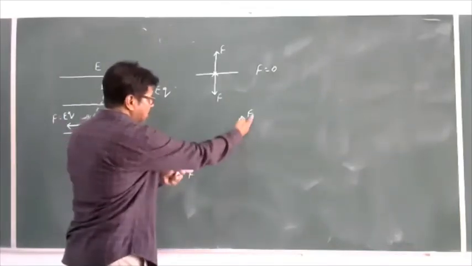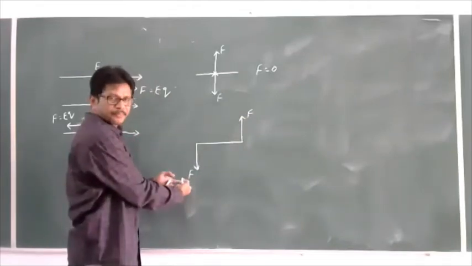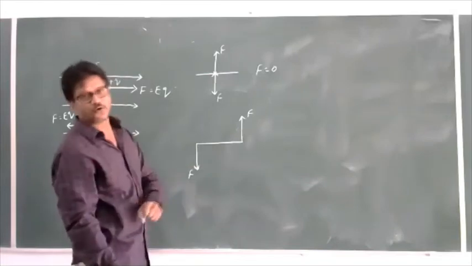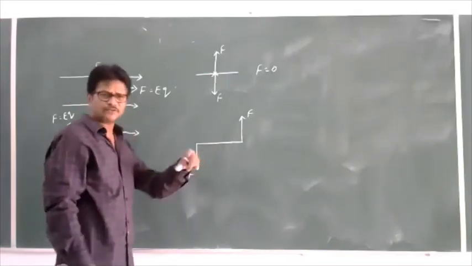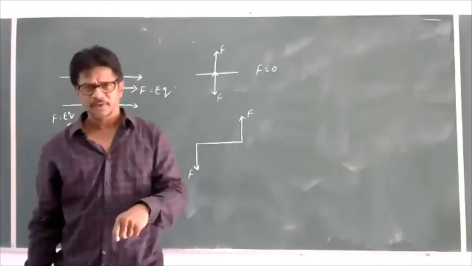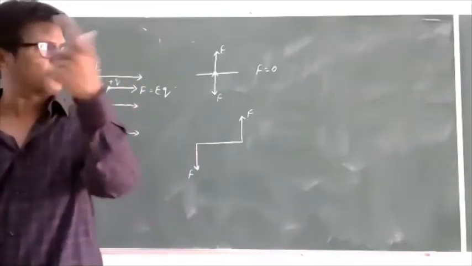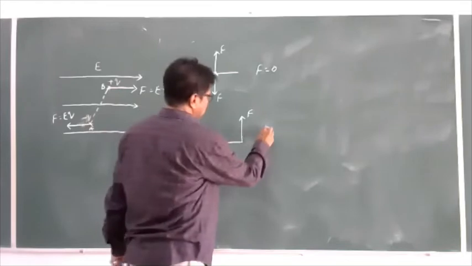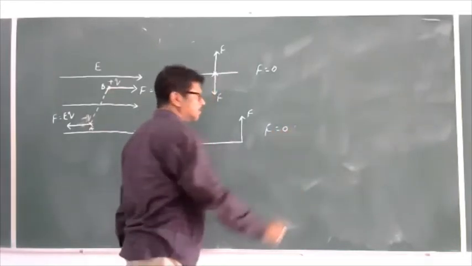These two are equal in magnitude, F, in opposite directions. Here also the net force is equal to 0, because the sum of upward forces is equal to the sum of downward forces.